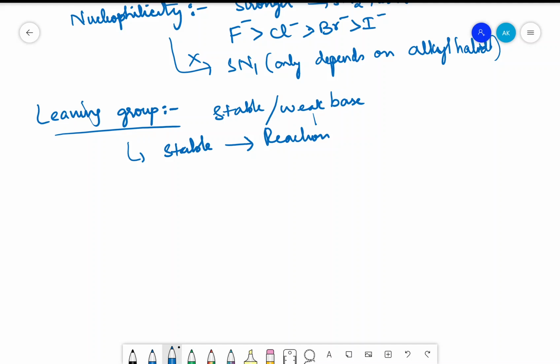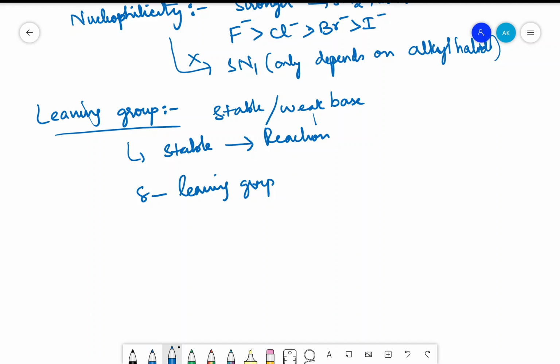In the transition state of both the reactions, the leaving group has gained a partially negative charge. We have seen that we have partial negative charge on the leaving group as seen in the example, and the better that can be stabilized, the more stable is the transition state and the faster the reaction. So the partially negative charge on the leaving group should be stable and that will actually increase the reaction.